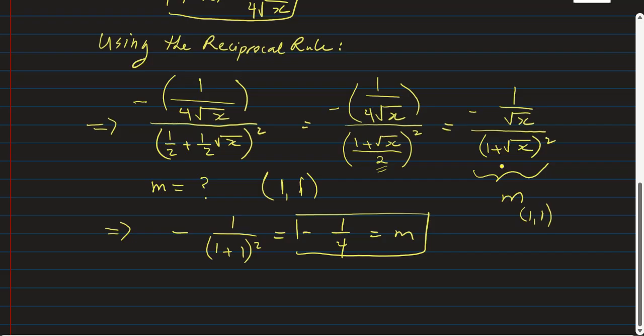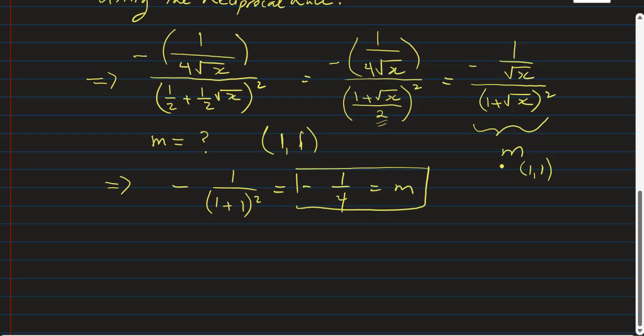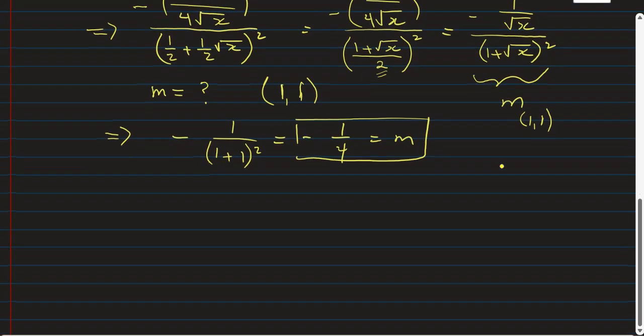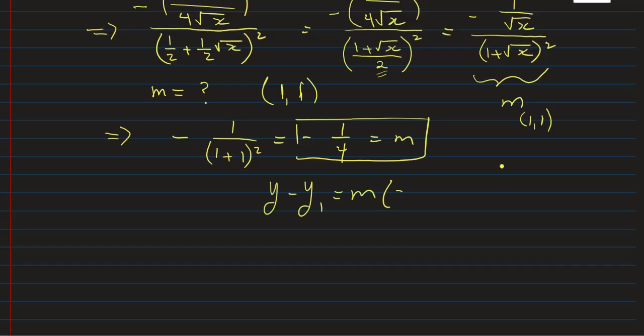Great. Now that we got the slope, we're going to write the equation of the tangent line. For simplicity's sake, we're going to use the point-slope form. Here we plug numbers in: y minus 1 is equal to negative 1/4 times x minus 1.